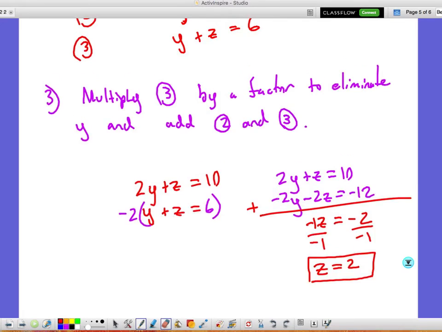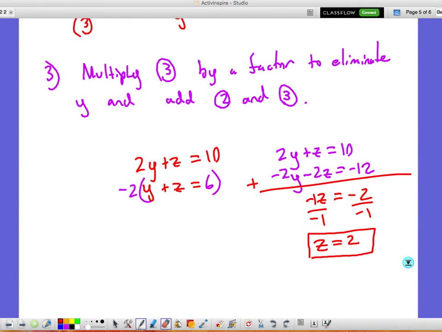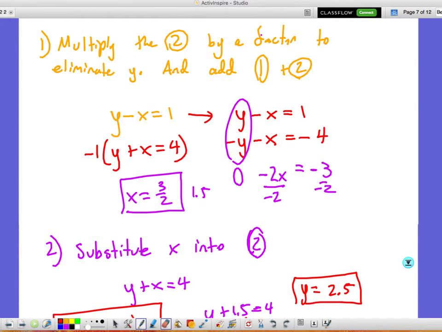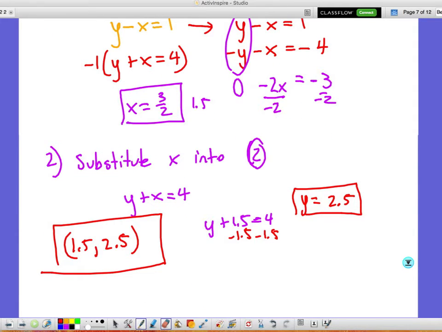Okay, so now the steps are familiar here. Remember in the very first example for elimination, once we solved for x, we basically substituted x into the second equation in order to find y.